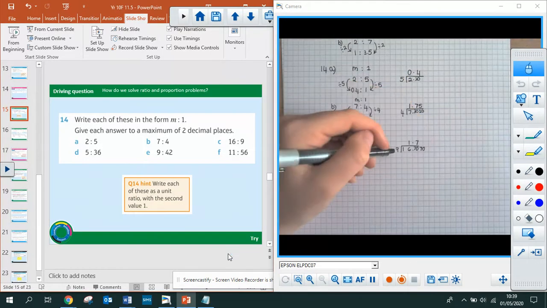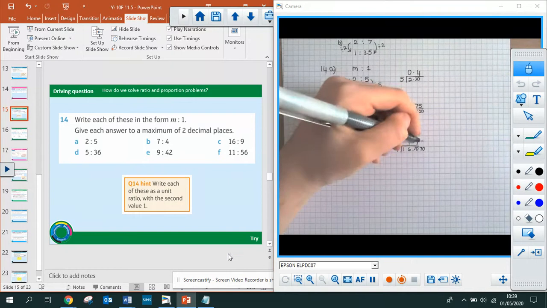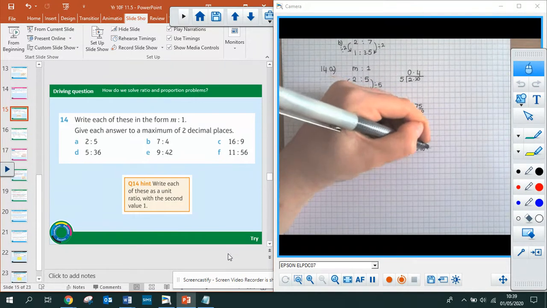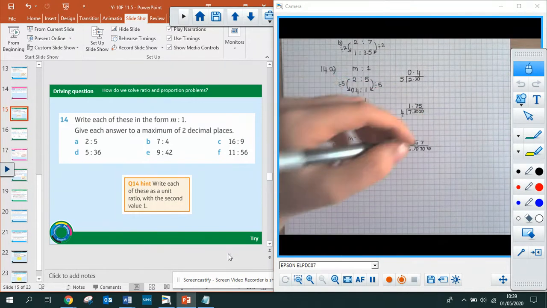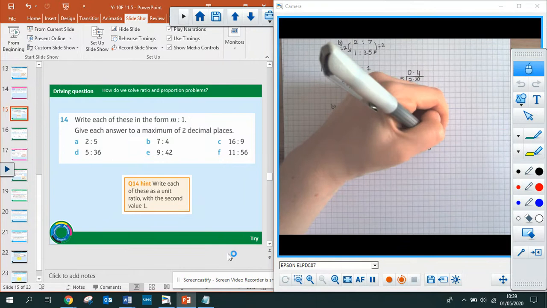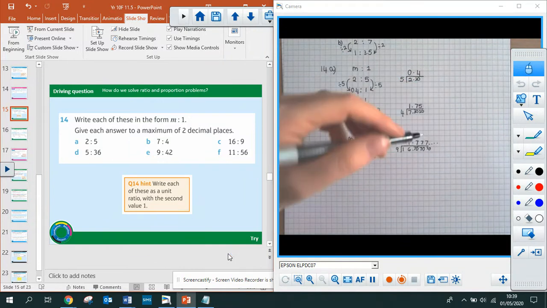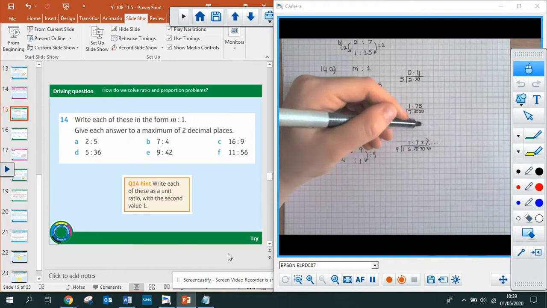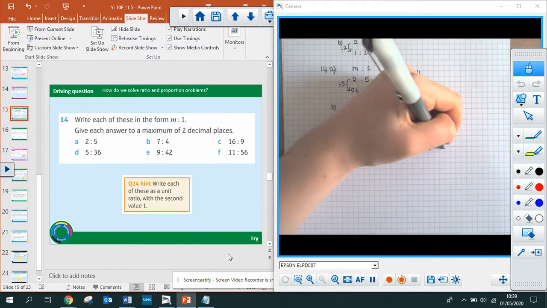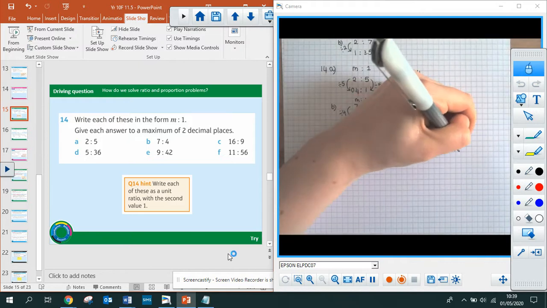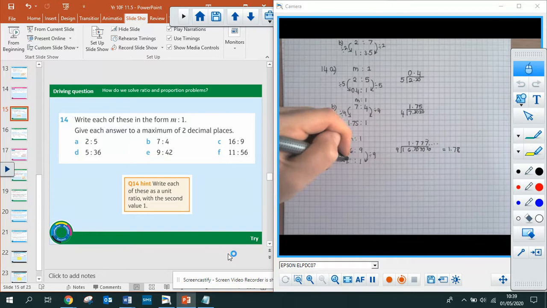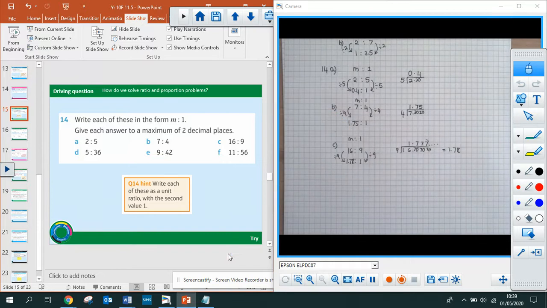What's going to happen here? 9 goes into 70 7 times with 7 remaining. That becomes 70. So we know it's going to go on and it is recurring. Okay. The question says give each answer to a maximum of 2 decimal places. This 7 is going to round the previous 7 up to 8, so that is going to be 1.78 to 2 decimal places. Okay. So that's your answer, 1.78 to 1.